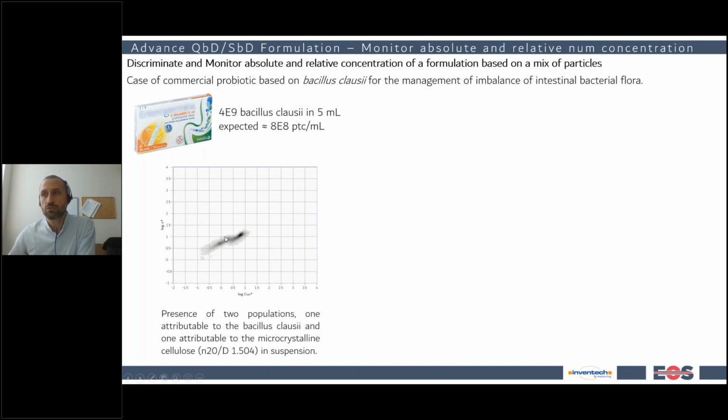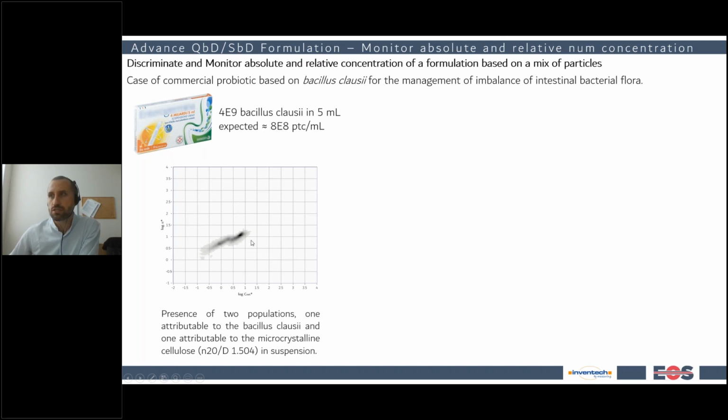One in this position where I move the arrow of the mouse, and another one in another position. And if you check the formulation of this kind of product, you will read that there is also a population of microcrystalline cellulose in suspension with a typical refractive index of 1.5 at our wavelength.